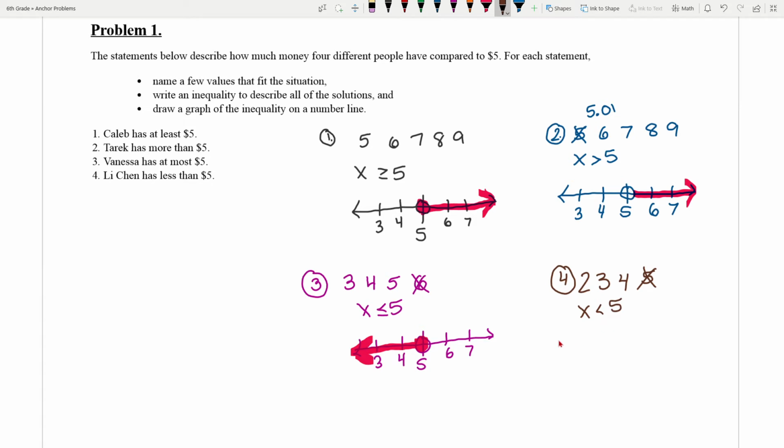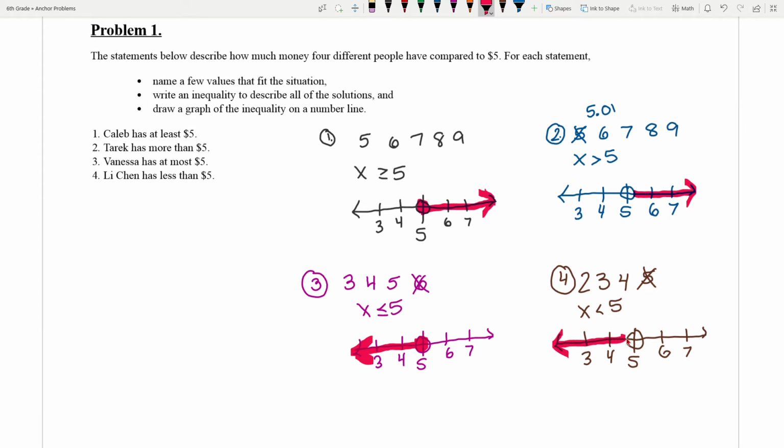And so as we draw out our number line, we'll put 5 again in the middle, a couple numbers bigger, 6, 7, a couple numbers smaller, 4, 3. We're going to keep the circle open because 5 is not less than 5, but we'll shade back in this direction to the left where it gets smaller.